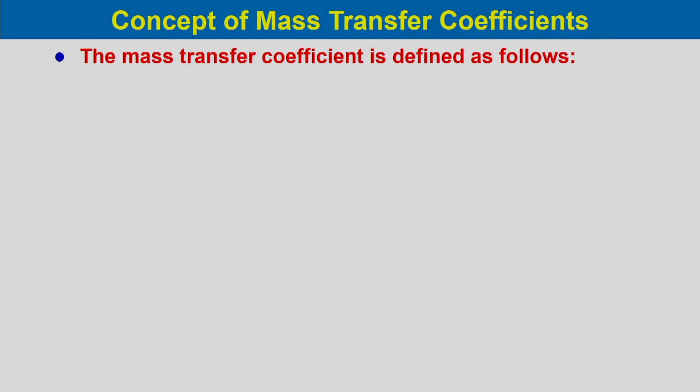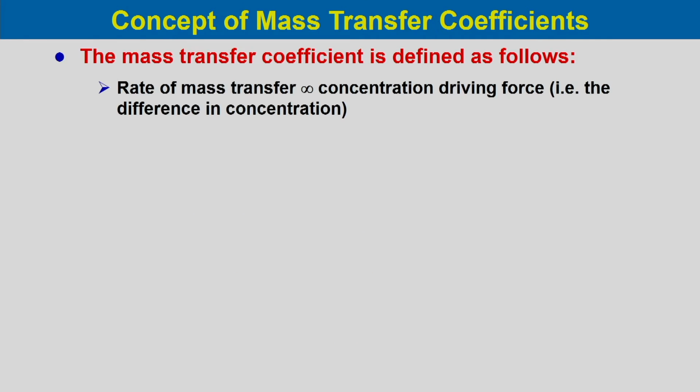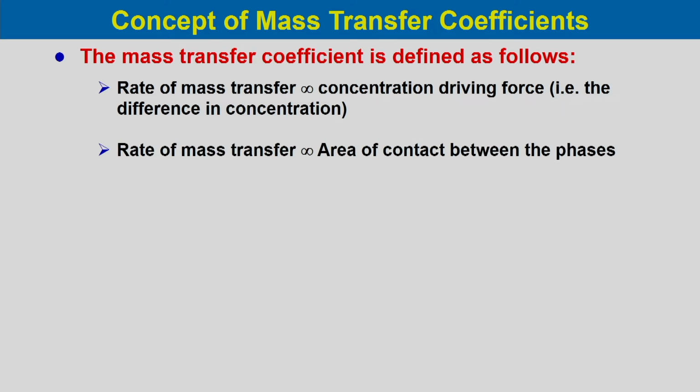The mass transfer coefficient is defined as follows. The rate of mass transfer, as we know, is proportional to the concentration driving force, that is the difference in concentration, and also proportional to the area of contact between the phases.